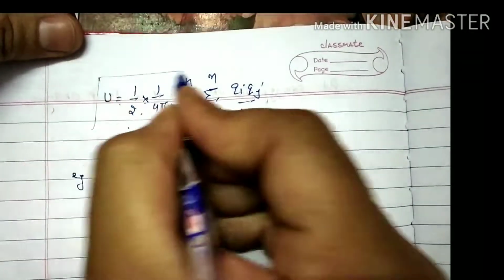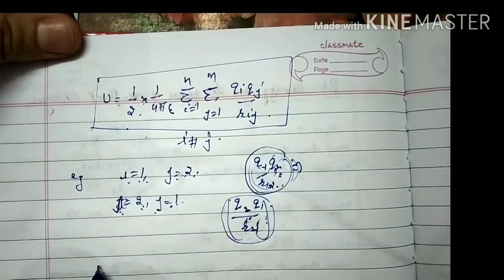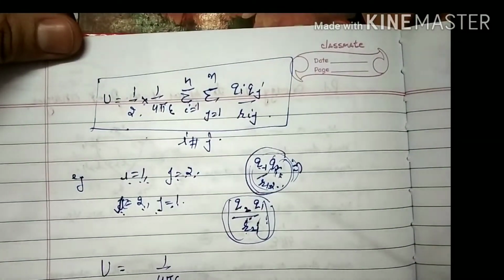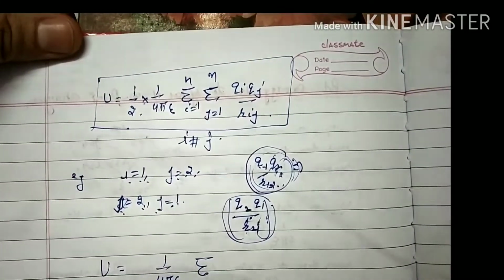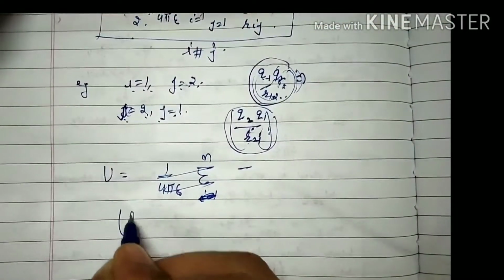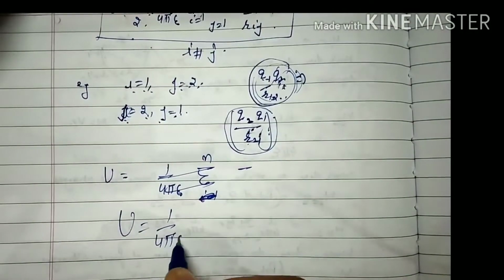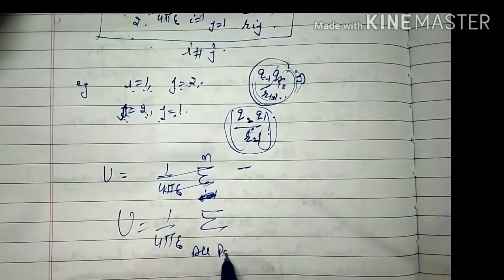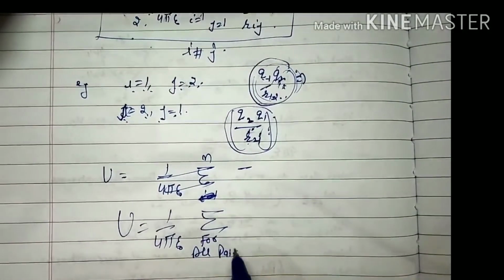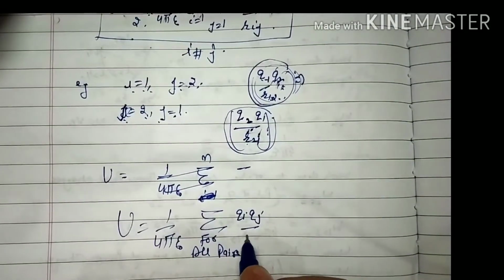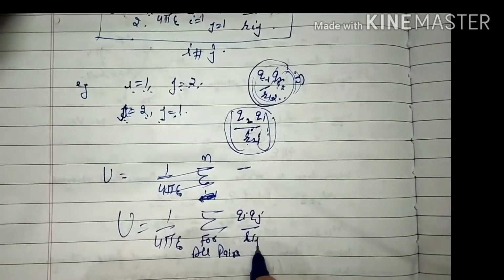And if it is not easy to understand this, we can write simply 1 upon 4 pi epsilon, not 1 to n, U equal to 1 upon 4 pi epsilon summation for all pairs qi qj upon rij.